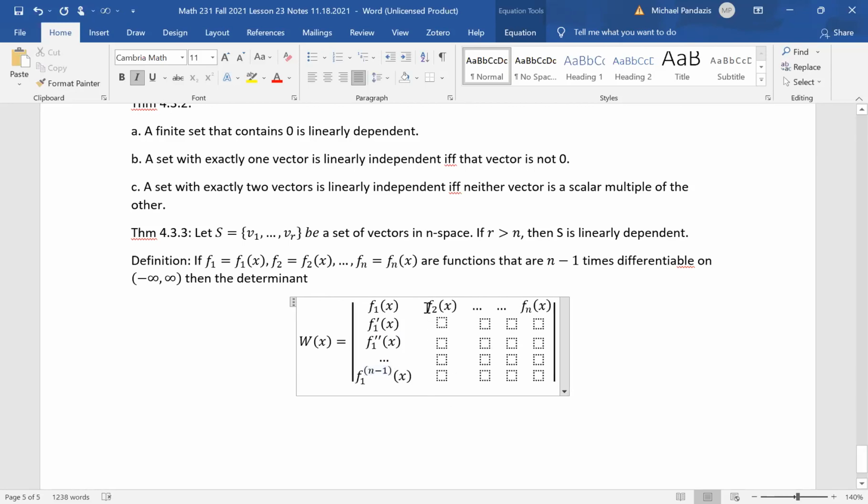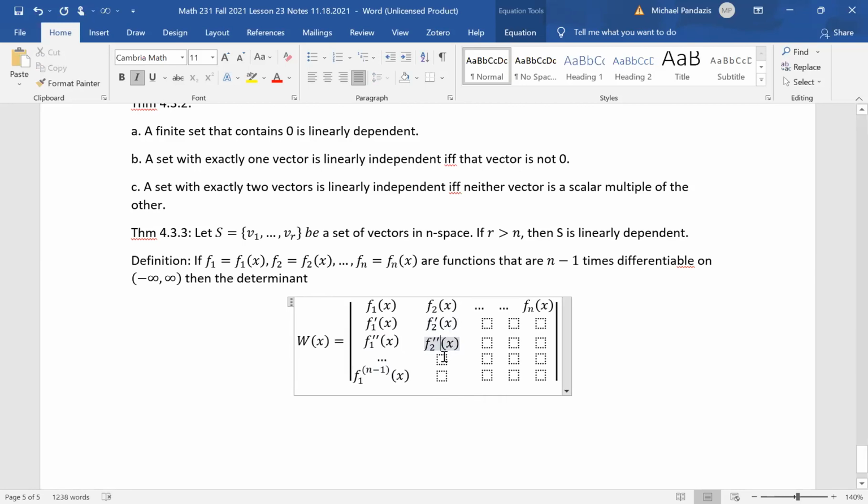Then you do the same thing here: the first derivative, the second derivative, dot, dot, dot, the n minus first derivative.